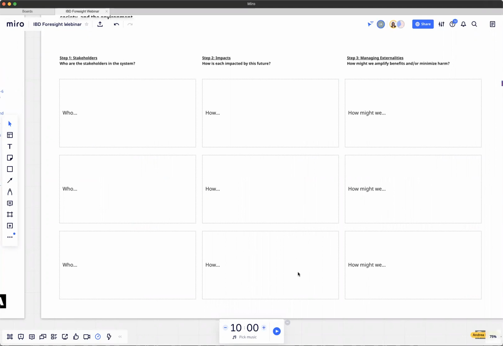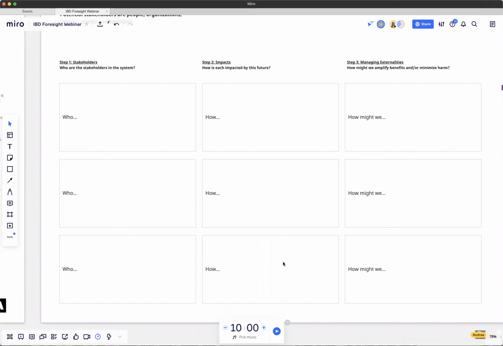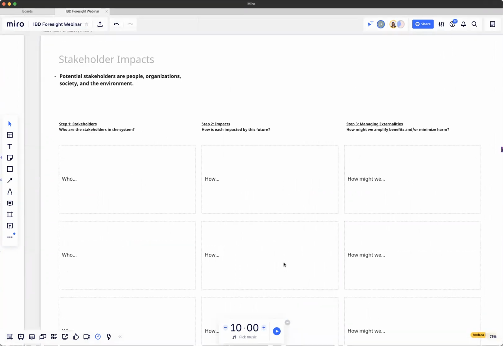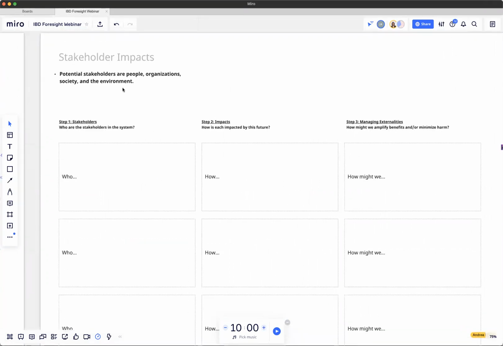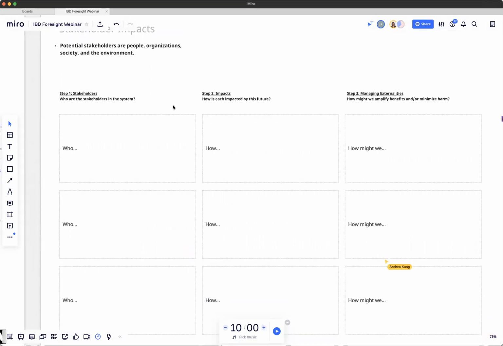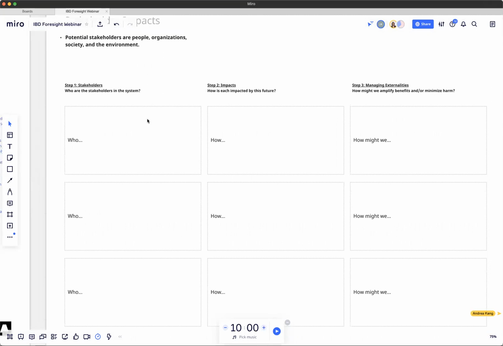So in terms of this future that we just identified, who are 3 stakeholders that we might want to think about? And those could be people, organizations, society at large, or the environment. So let's just quickly pick 3 stakeholders. Could be an end user, okay, farmers.